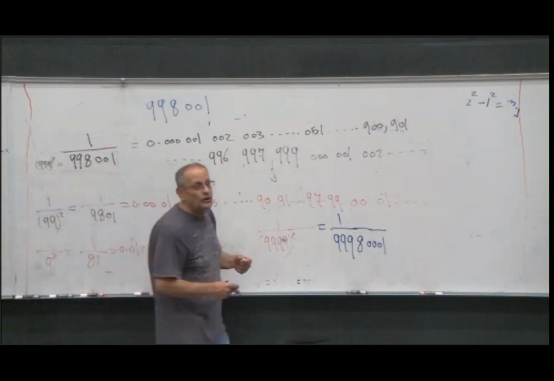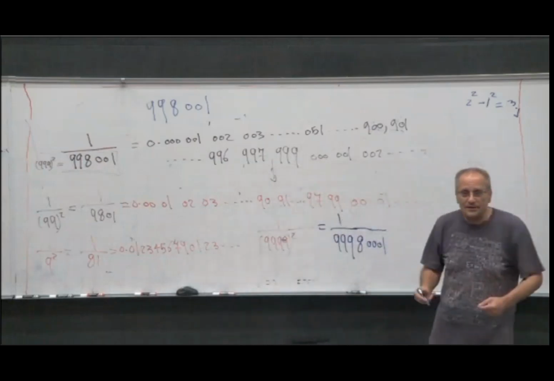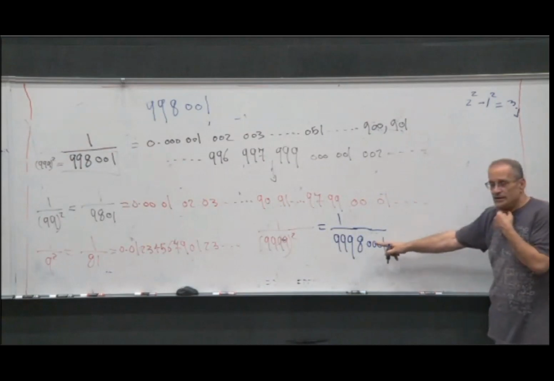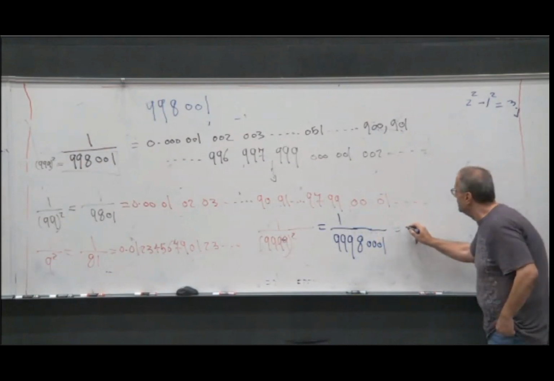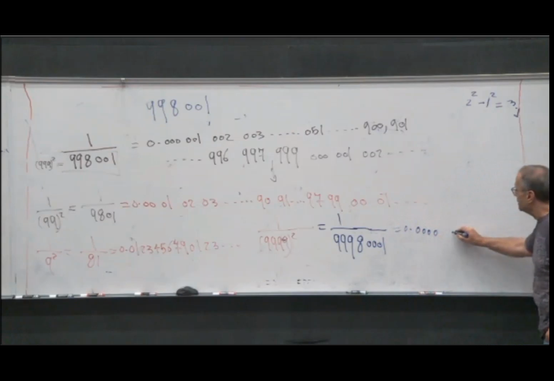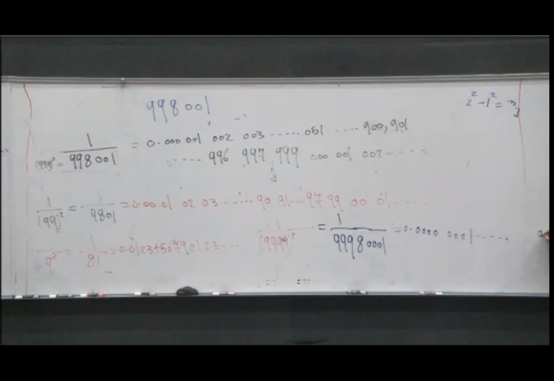What do you think this number will look like in decimal? It's gonna be 4-digit. Start from where? Which number are they gonna miss? Yeah, so this will be 0, 1, 2, 3, 4. Then 1, 2, 3, 4. And keep going. And then you have 9, 9, 9, 7.